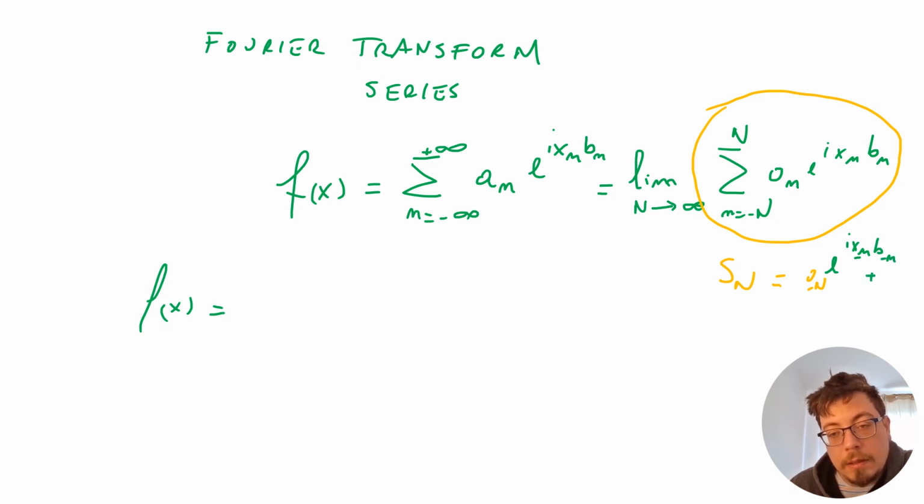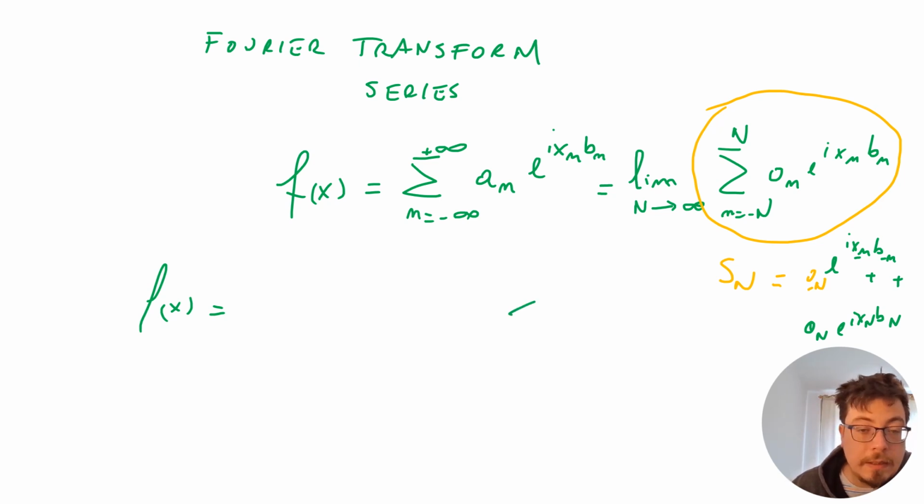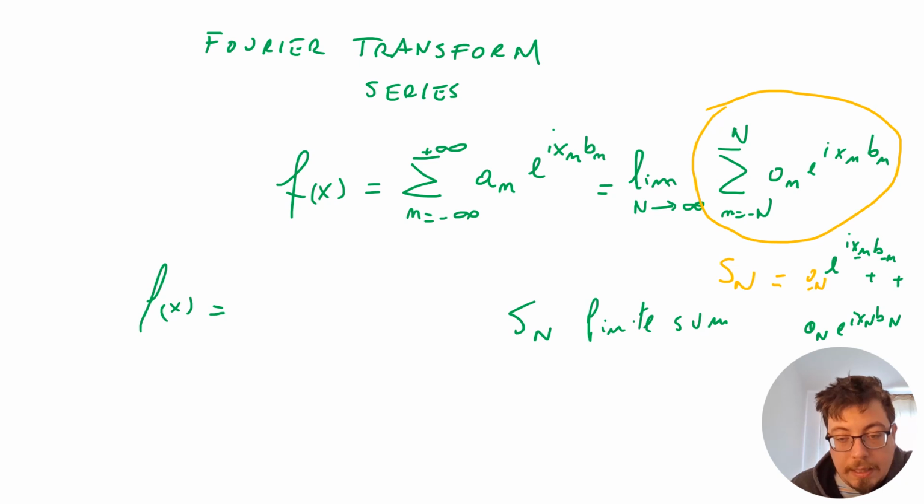We start from minus N and go up to N, with terms like a e^{ix}, b, and all the bits in between. Each of these S_N is a finite sum, so we know exactly what to do. We just sum bit by bit.